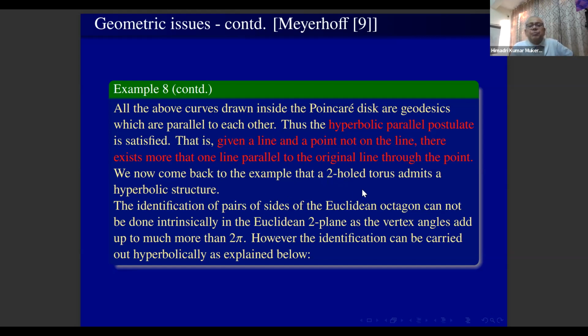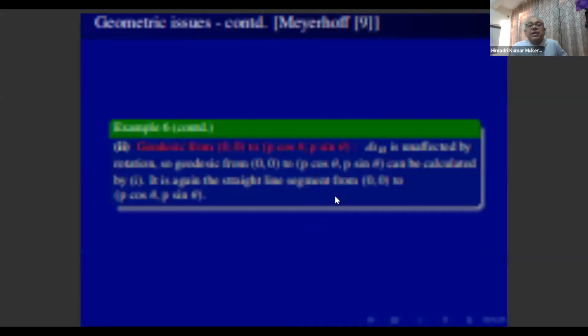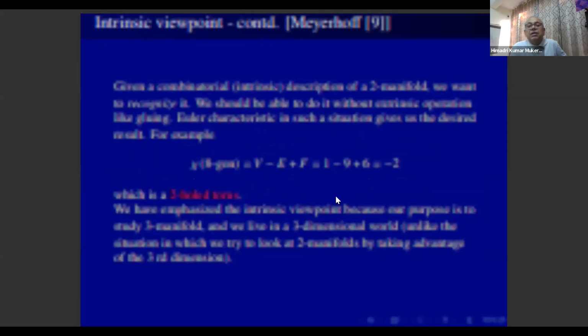We now come back to the example of the two-hole torus. That two-hole torus admits a hyperbolic structure. The identification of pairs of sides of the Euclidean octagon cannot be done intrinsically in the Euclidean plane, as the vertex angles add up to much more than 2 pi. Because if you keep that picture I have drawn earlier, yeah, this.